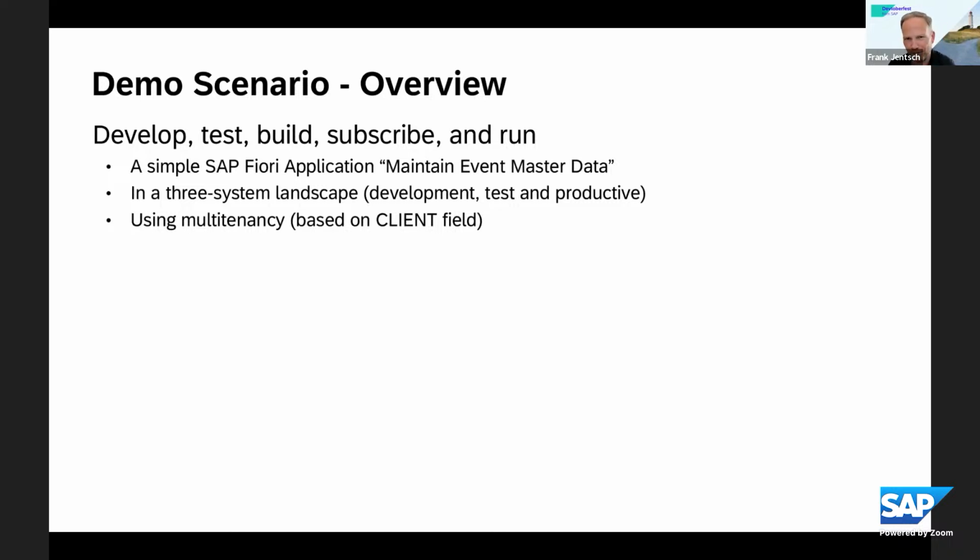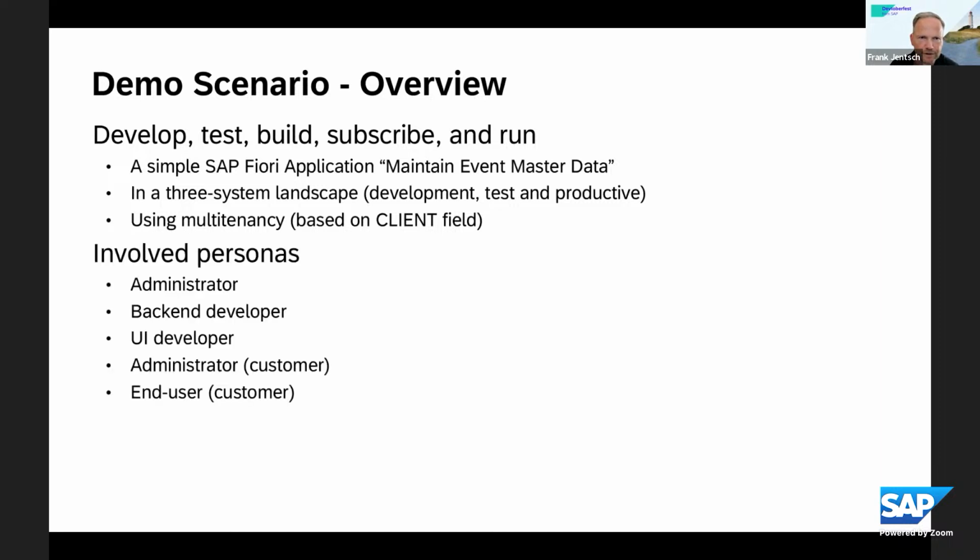So it's not an event mesh, not a technical event, it's just an event like this one or a ticket and so on. So I would like to use a three system landscape. By the way, there's also a fourth system involved for the build, but mainly three systems: development, test, and productive system. And we want to support the multi-tenancy based on the client field.